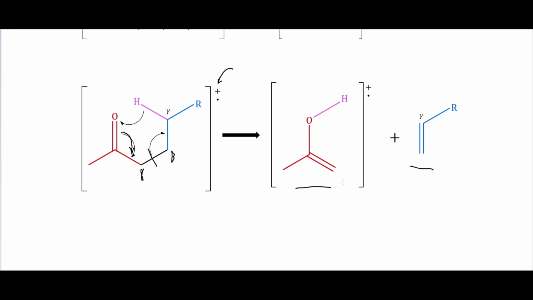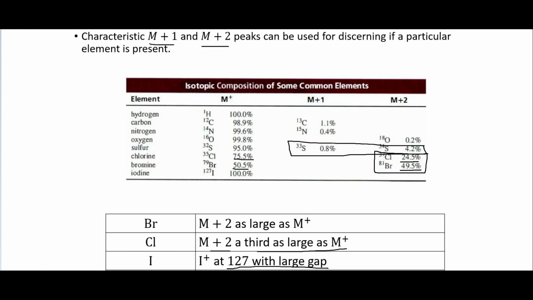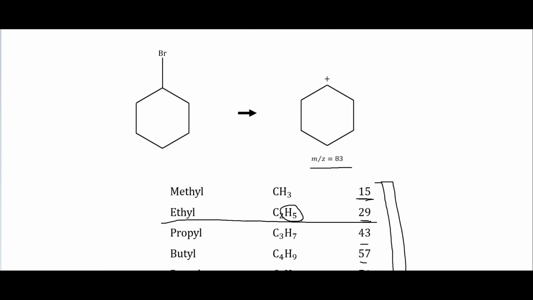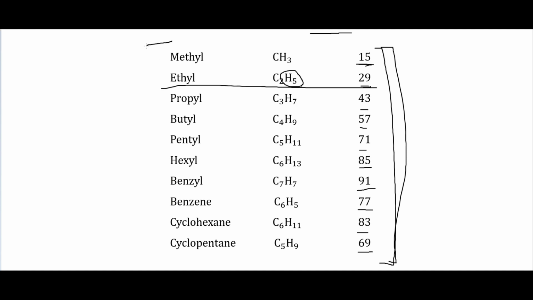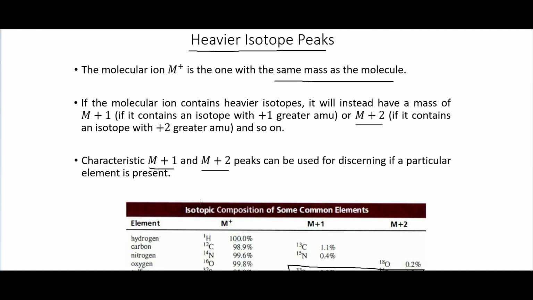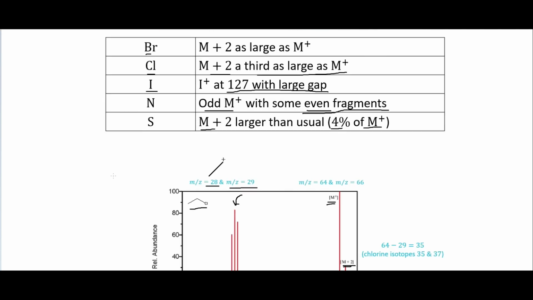So if you're taking just like a sophomore level organic chemistry class, a lot of times they're really just going to ask you about some of these more common fragments. So they're going to want you to find these types of fragments right here. They're going to want you to be able to identify things like the bromine and chlorine, so the M plus 2s on those, that the iodine is going to have that 127 gap.